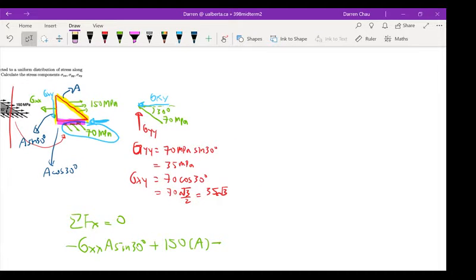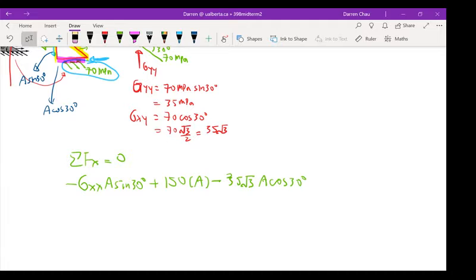So make sure not to forget that force acting on that plane. So minus what we have calculated for the shear stress acting on that plane, 35 root 3 times A cos 30 degrees.